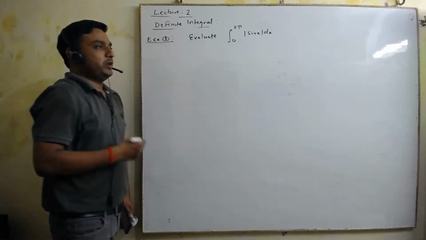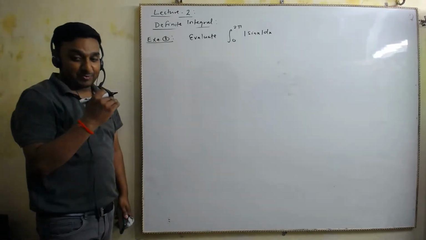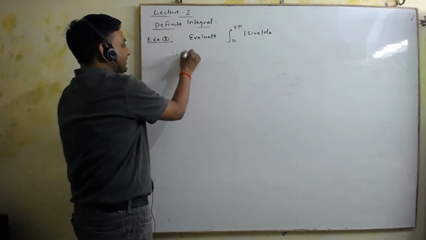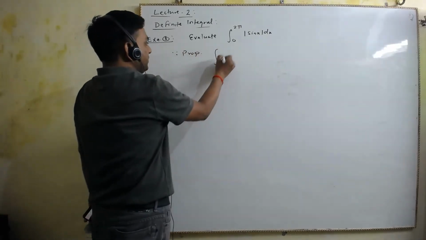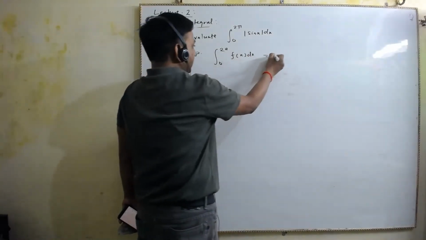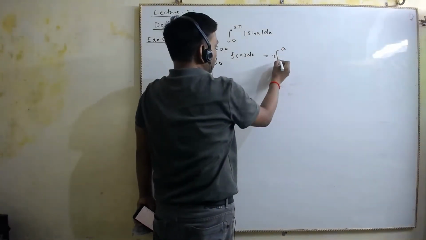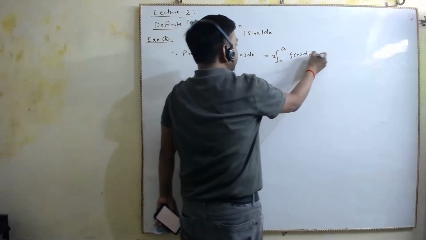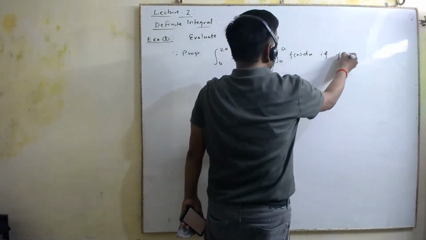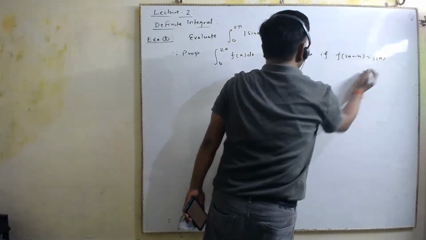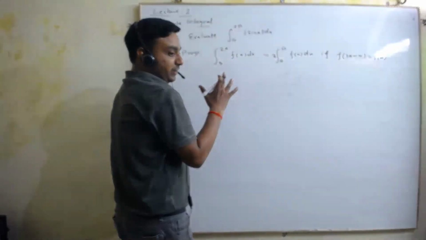So what are the properties we have? The integral from 0 to 2a of f of x dx becomes 2 times the integral from 0 to a of f of x dx if f of 2a minus x is f of x, right, dear fellows?